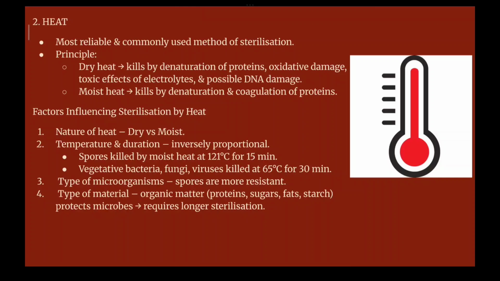Some microorganisms can have a protective layer of organic matter, which prevents easier desiccation or easier death. So these protective layers need to be broken down, and in order to break them down, it requires a longer sterilization.